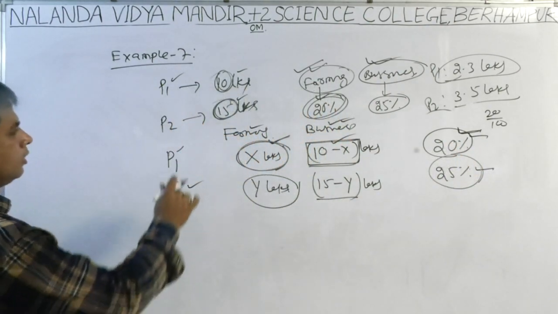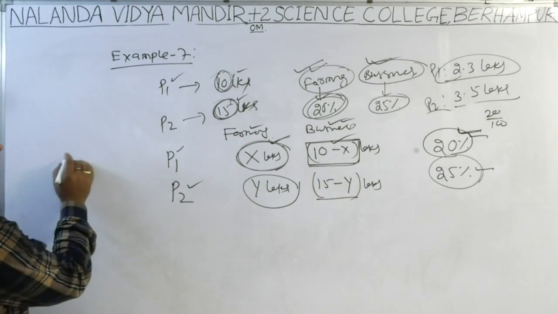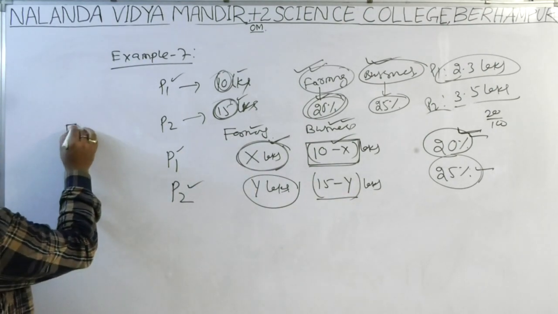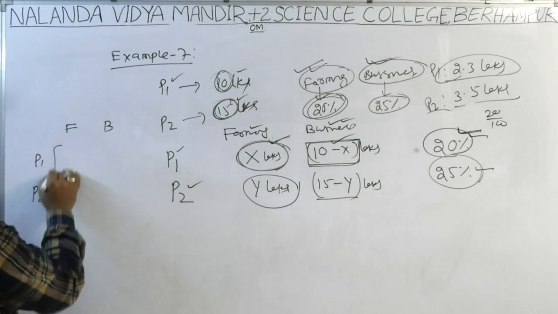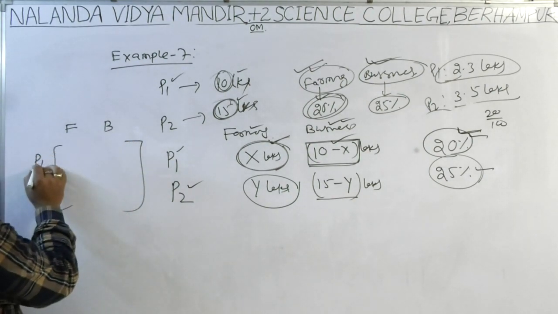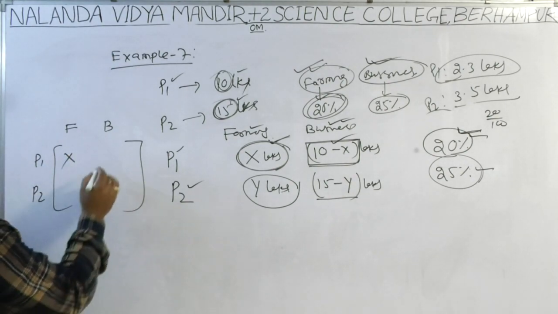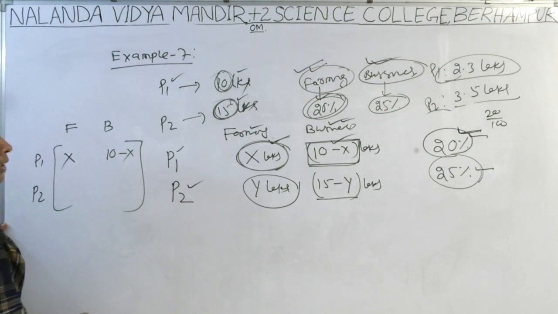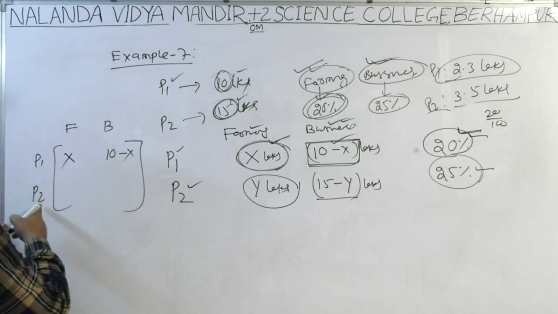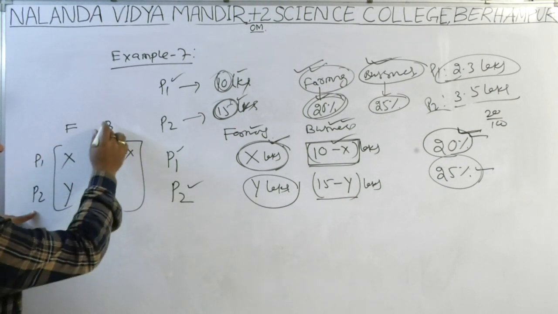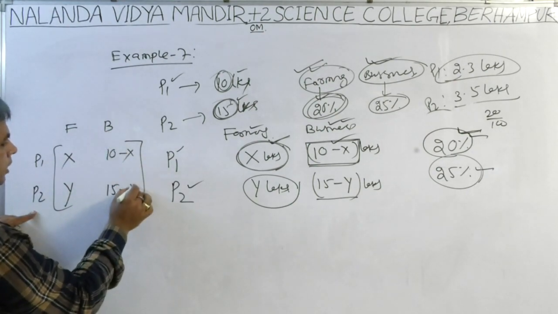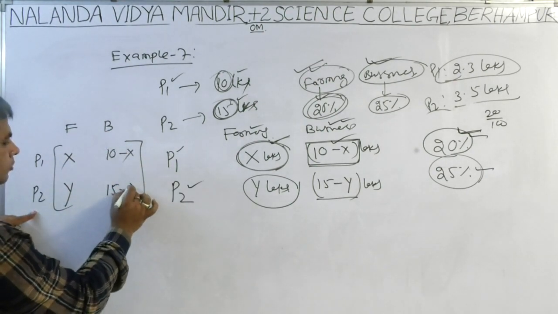Therefore, we can write this in matrix form: farming, business, P1, P2. In farming, P1 invests X lakhs and 10 minus X lakhs in business. In farming, P2 invests Y lakhs, and in business 15 minus Y lakhs.